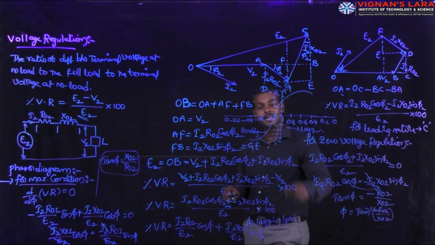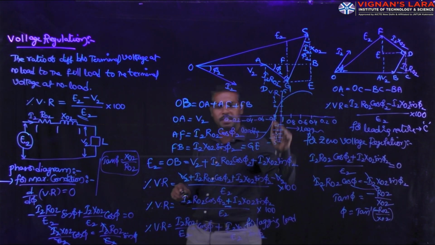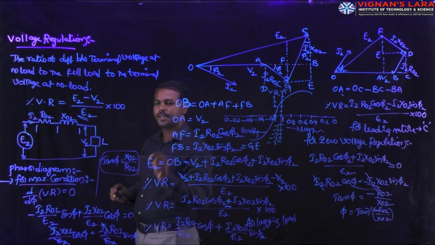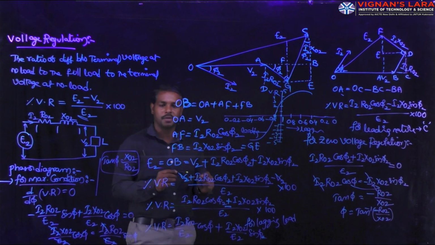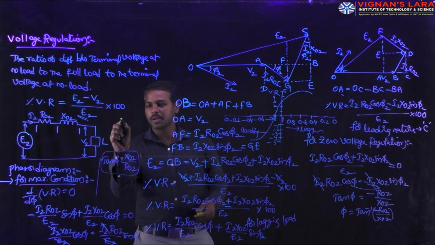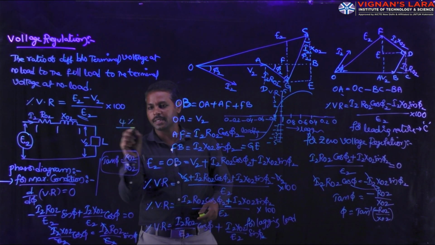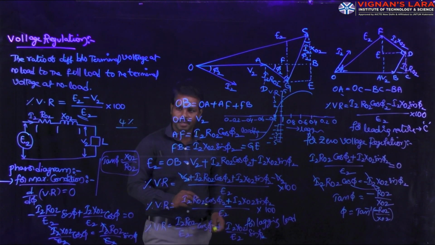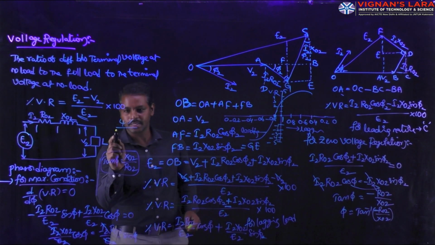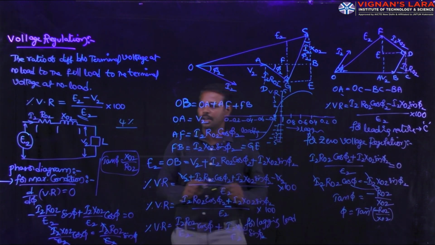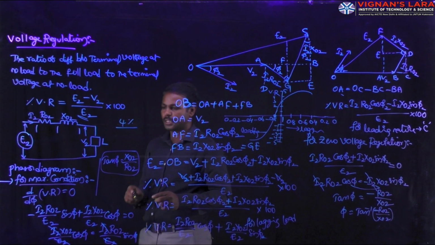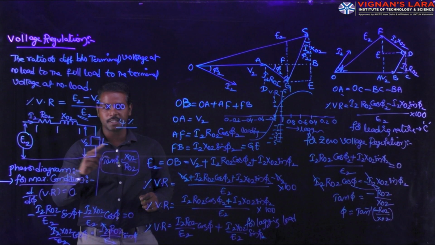So why do we consider plus or minus 5? Because the voltage regulation of a transformer always varies within 4% of the rated voltage. So that's why we consider plus or minus 5 as the range of voltage regulation. For an ideal transformer, voltage regulation is 0.